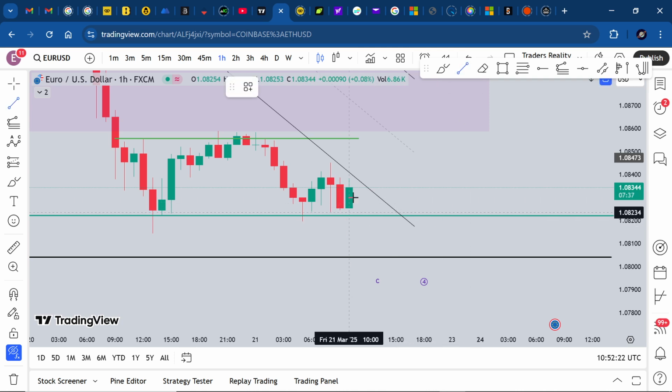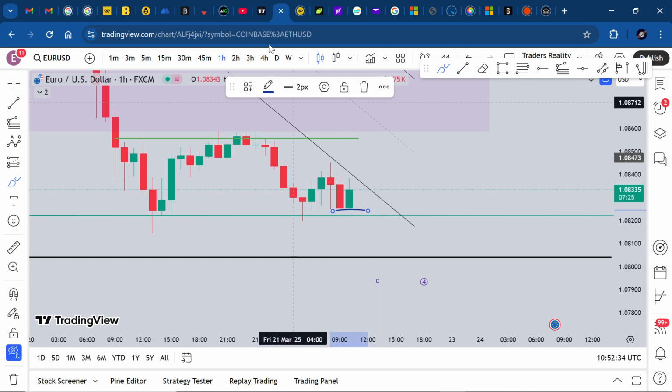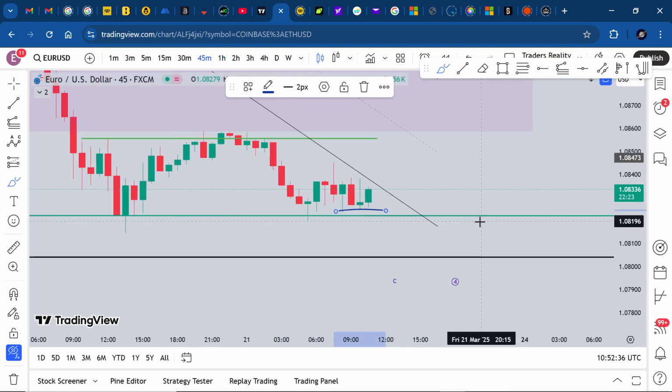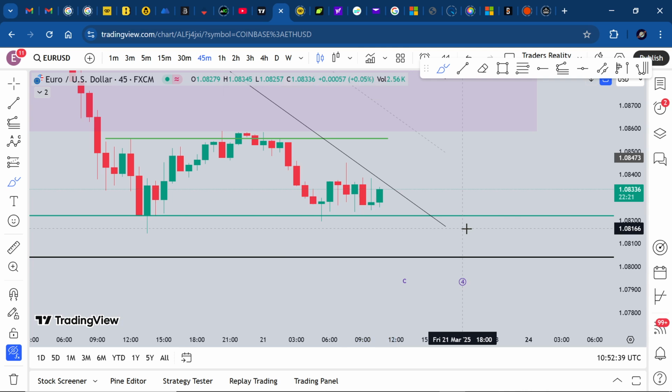Okay? Only thing is, because of where we are and experience, we're looking for a break of here. And then let's go to a smaller time frame. Maybe we've already got what we're looking for on a smaller time frame.